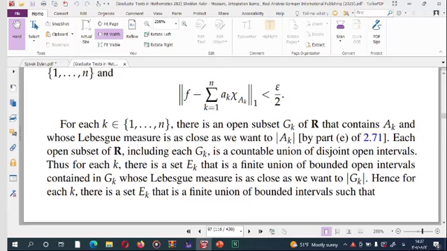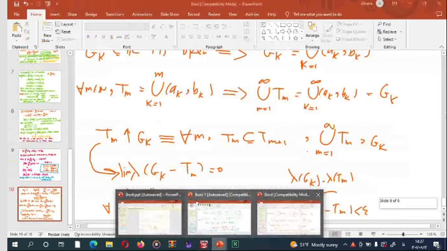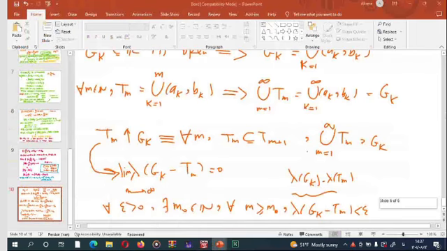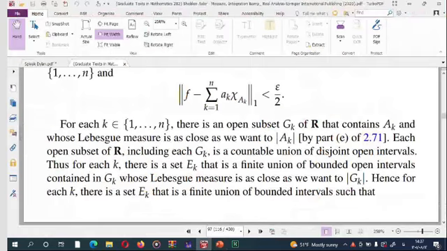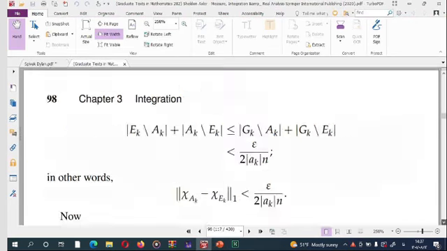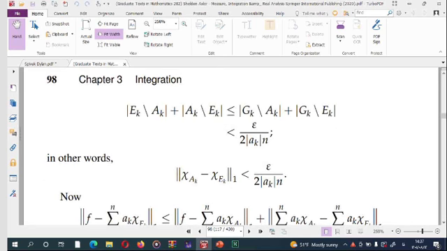I write this T_k as E_k, so we replace T by E. As for each k, there is a set E_k that is a finite union of bounded intervals, such that we have this.